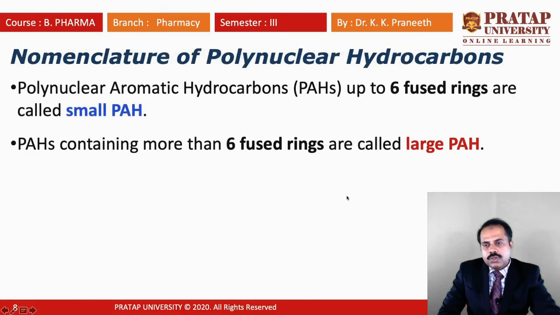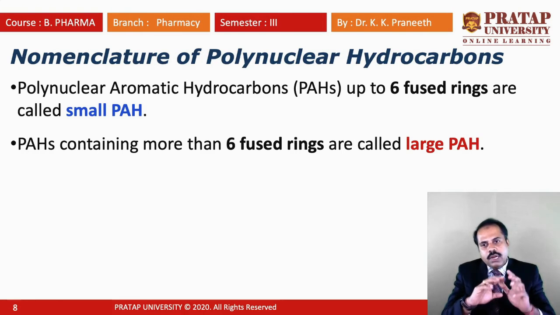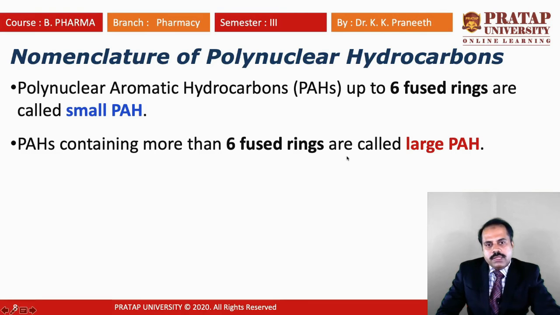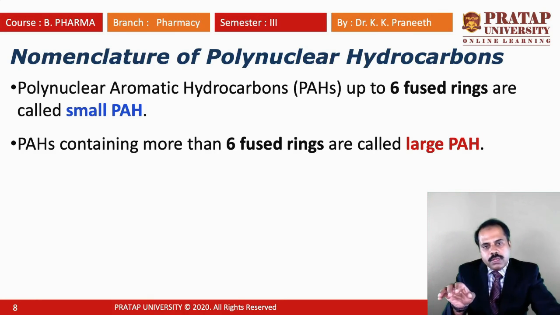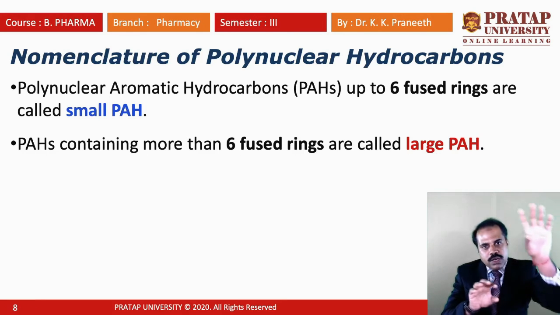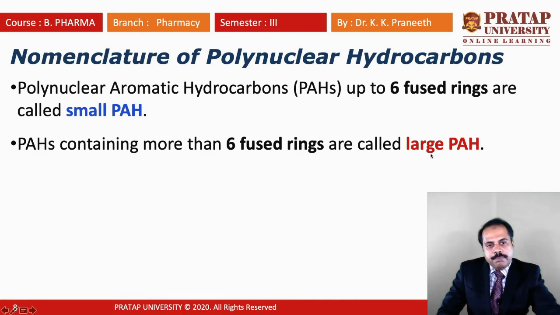With this we will move on to see how the polynuclear hydrocarbons are named, how they are assigned the ring structure and all. Polynuclear hydrocarbons with up to 6 fused rings are considered small PAHs. If a structure contains more than 6 fused rings, let us say 7 or 10 fused rings, it is designated as a large PAH.